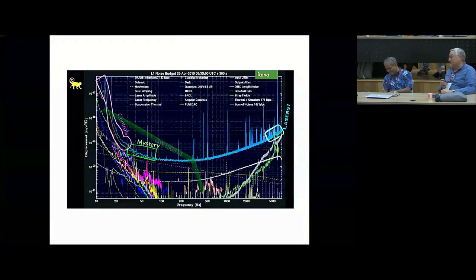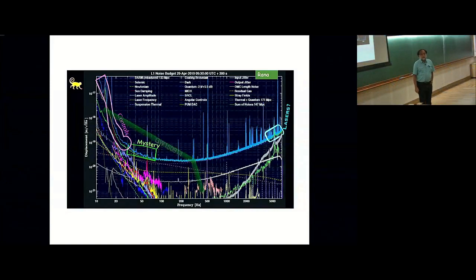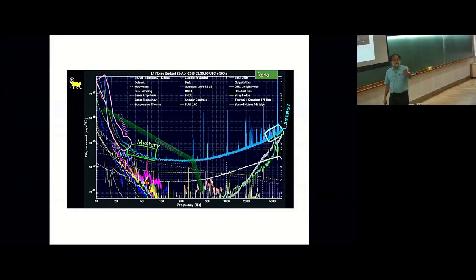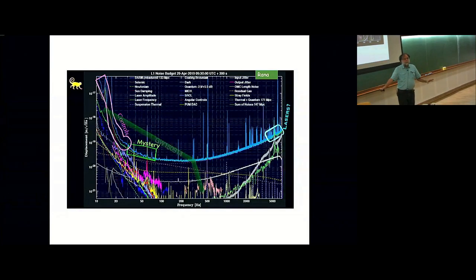Okay, really, I could show you 40-meter data from many years ago, Glasgow 10-meter prototype, they all look like that. Sometimes it's called mystery noise, sometimes it's called glue noise, it all has to do with a noise source that you just don't understand. If you had infinite resources, you'd always figure it out, but we never do.